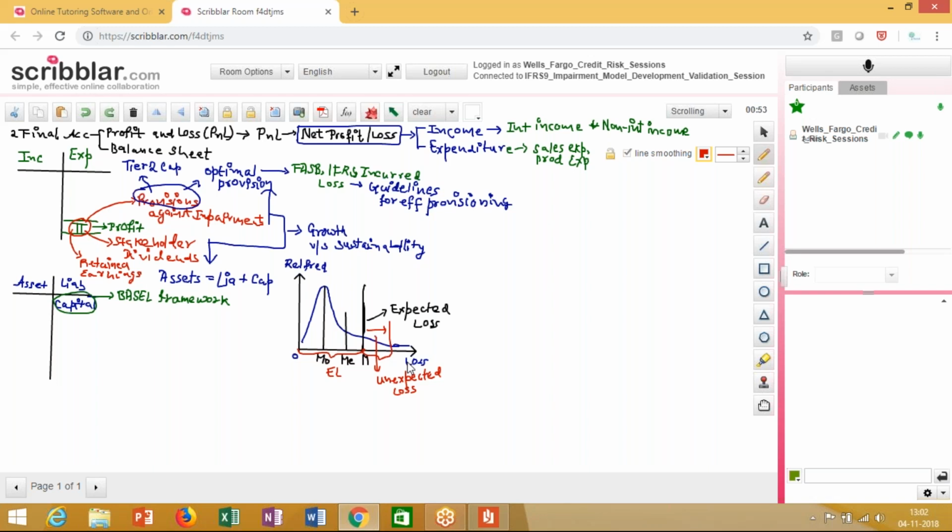Let's say I want to capture both expected losses and unexpected losses by the provisions, right? Now observe that the amount of provision, or the credit risk premium that we call, enters into the risk based pricing.